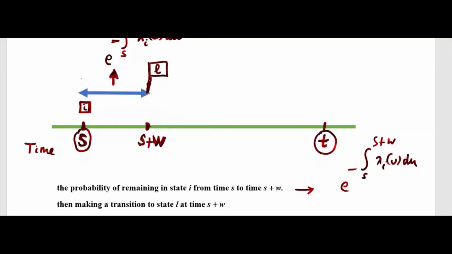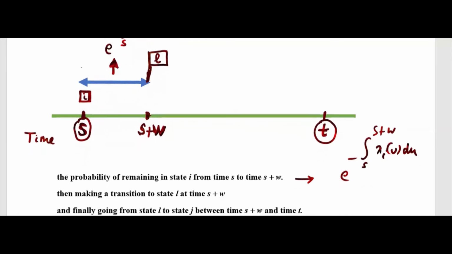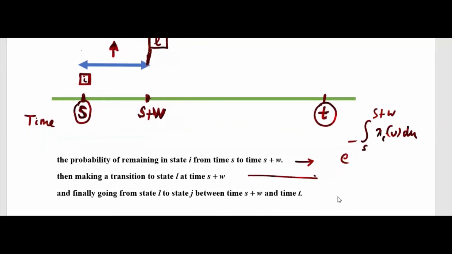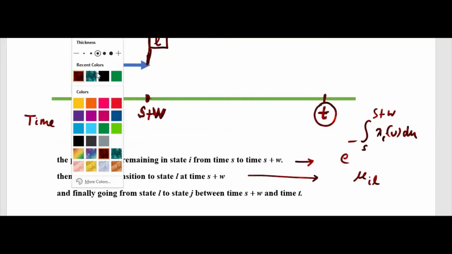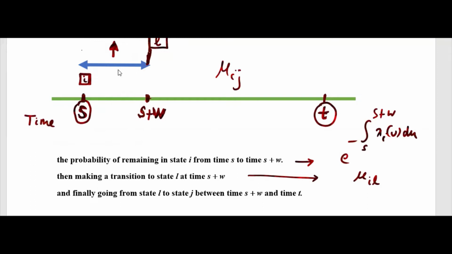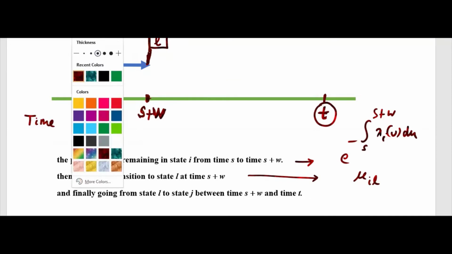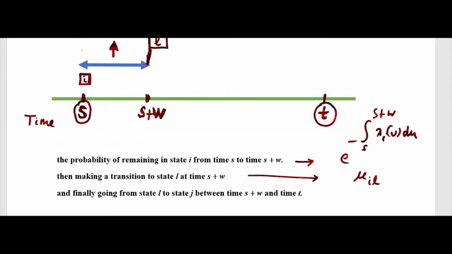Then the next one, the transition is mu I to L, okay, state I to state L. This is the notation, and we have to mention time also. Remember, previously we wrote only mu ij, I to j, similarly I to L, but you have to write the time also.